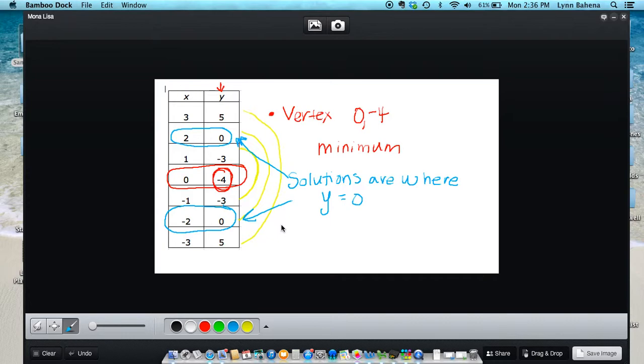In that case, you're still going to have a vertex, and it's going to be a maximum or a minimum. But if it doesn't cross the x-axis, your function has no real solutions. Similarly, it could just cross the x-axis at one point. In that case, it's only going to have one solution. So that is pretty much all you need to know to move on and do the checkpoint for this section.